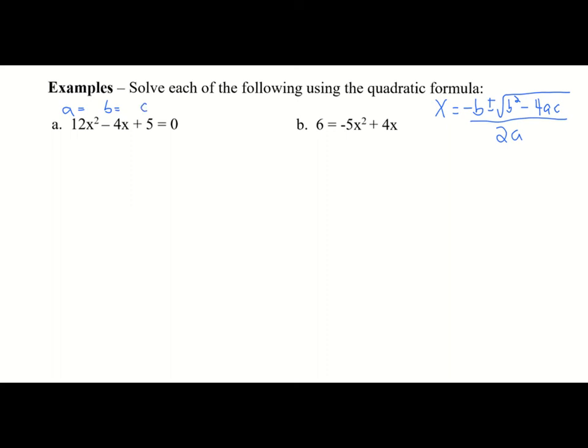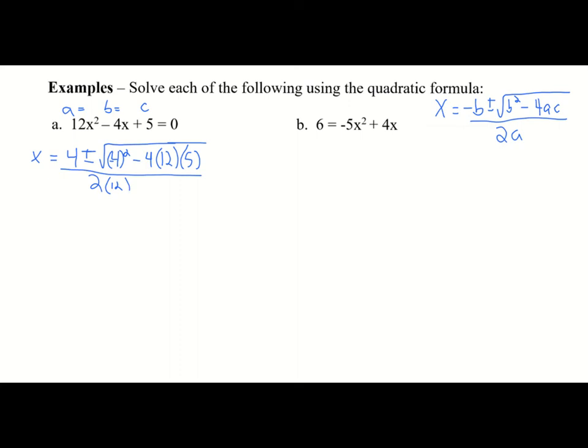So when we substitute it into our equation, we're going to have x is equal to, b is negative 4, so the opposite of b will be 4, plus or minus the square root of b squared will be 4 squared, or negative 4 squared, minus 4 times 12 times 5, all over 2 times a, or 2 times 12.